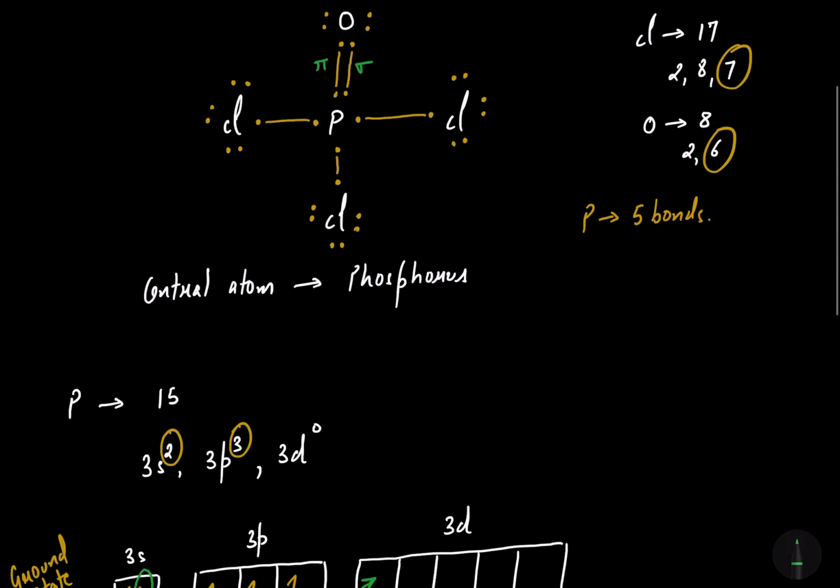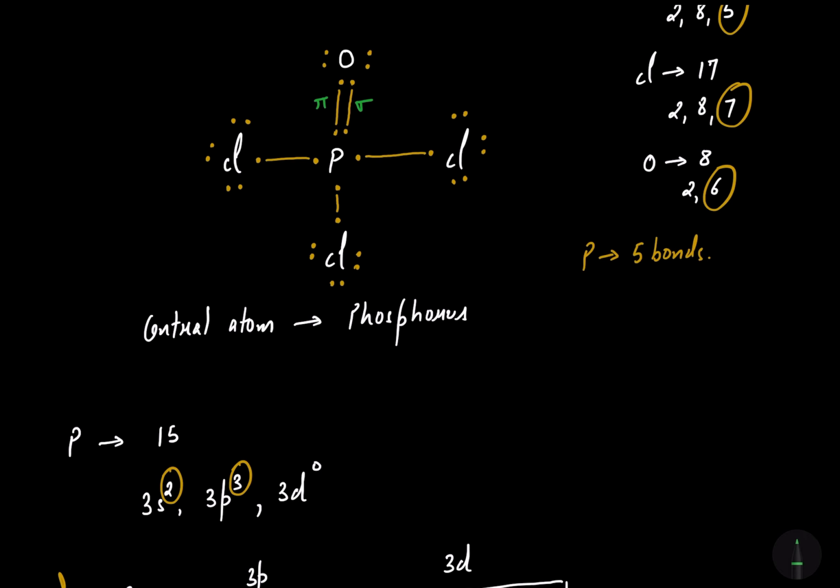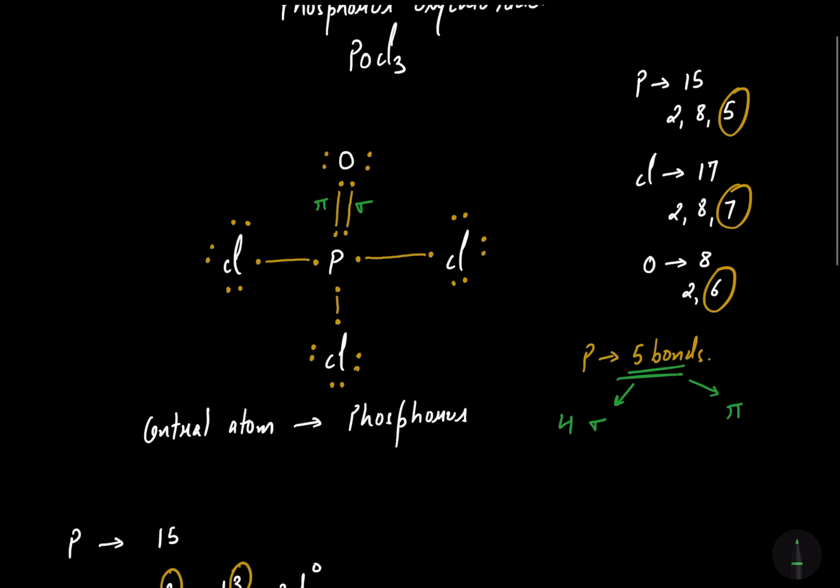So that means if phosphorus has formed 5 bonds, out of which 4 bonds will be sigma and 1 bond will be pi. Now the rest of the 3 sigma bonds are the bonds of phosphorus and chlorine. We got a total of 4 sigma bonds and 1 pi bond.